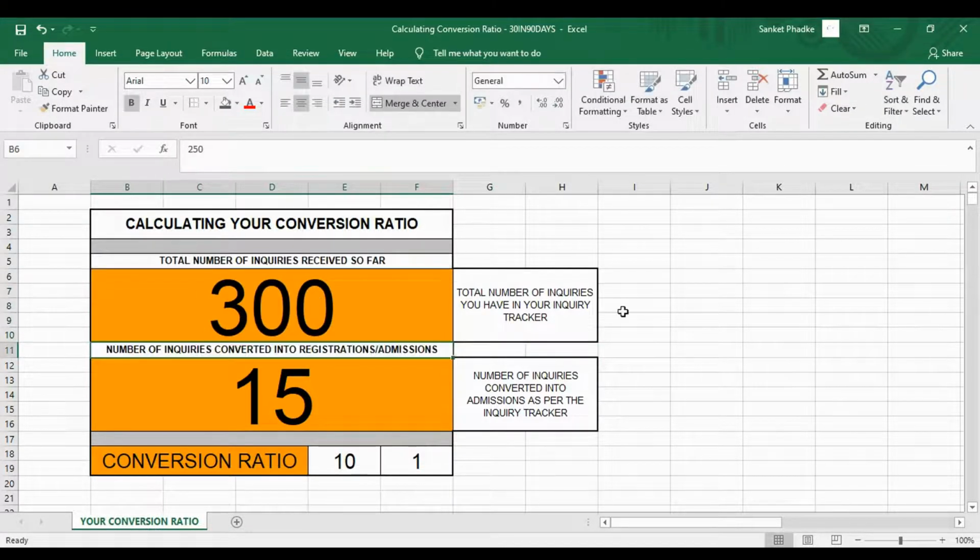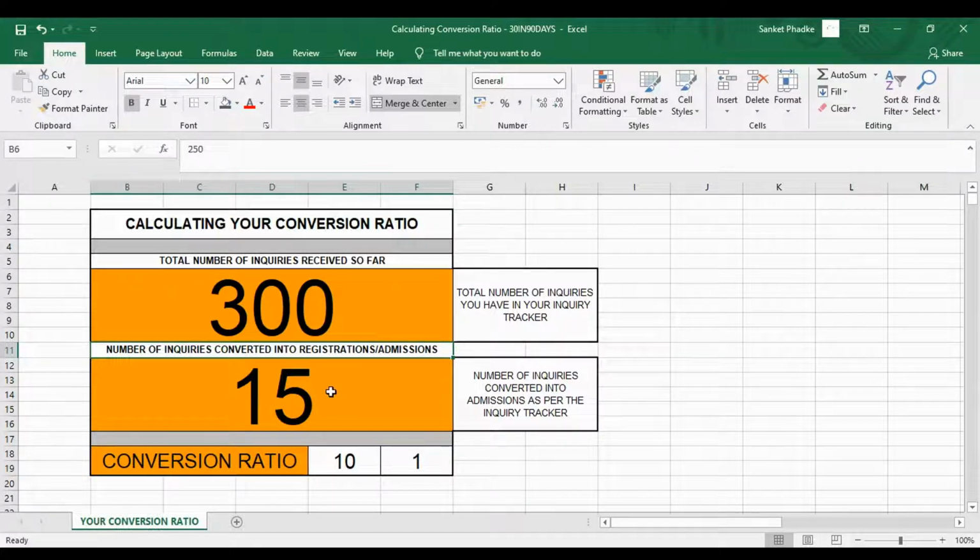Okay, now in this second box, what you need to enter is the number of inquiries which were converted into admissions. Okay, so again, if you have updated your inquiry tracker with the number of admissions converted from the total number of inquiries, you will be able to get this number.